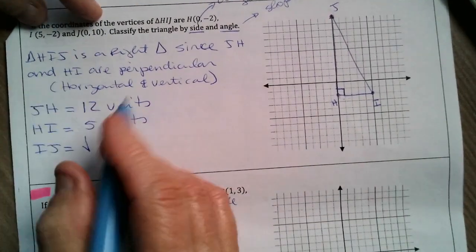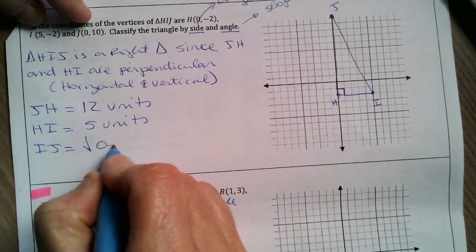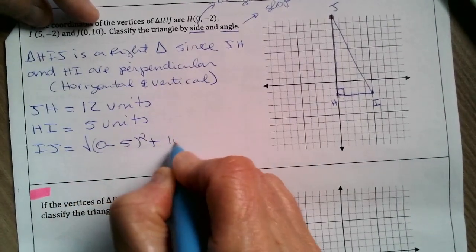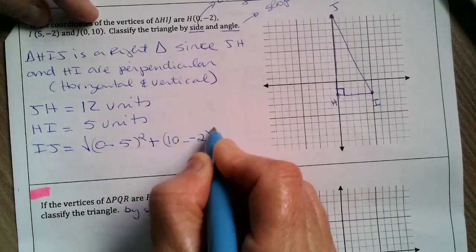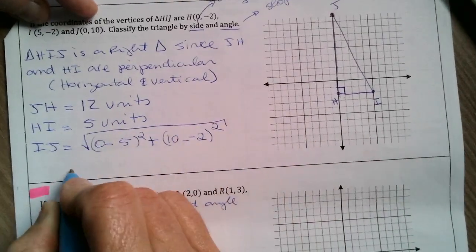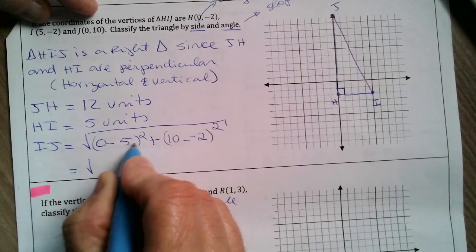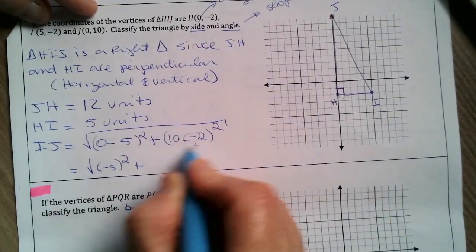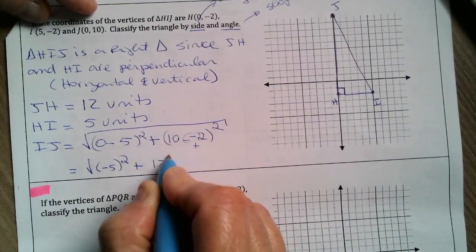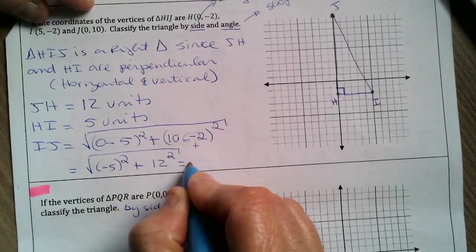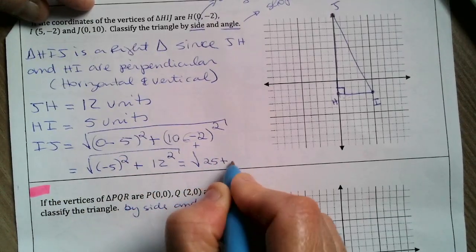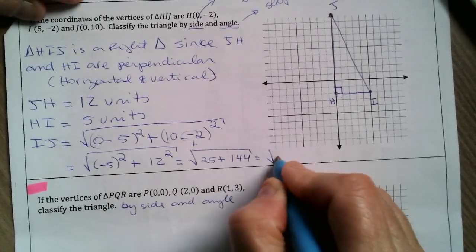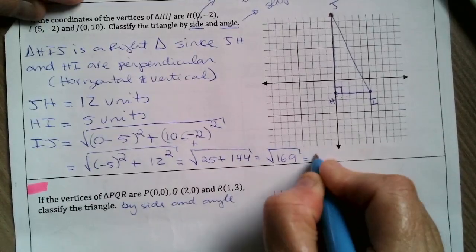So here's IJ, 0 minus 5 squared plus 10 minus a negative 2 squared. So 0 minus 5 gives me a negative 5 squared plus 10, this becomes a plus, 10 plus 2 is 12 squared. So I have 25 plus 144, which gives me square root of 169, which equals 13.